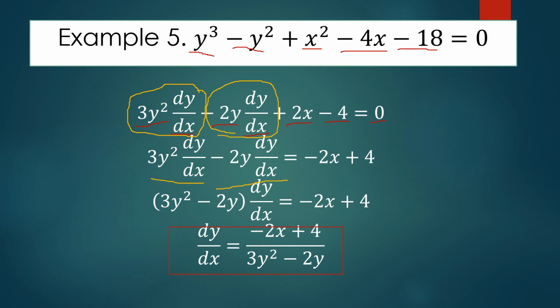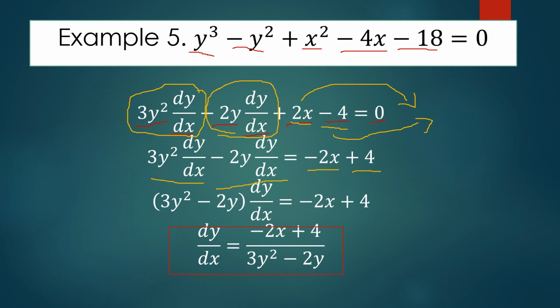So sa right side, ang ilalagay naman natin yung mga term na walang dy over dx. So tignan natin yung mga natira. We have 2x. So si 2x ilipat natin sa kabila or in the right side. So since positive, mag-change tayo ng sign, magiging negative 2x. And also negative 4, ilipat natin sa kabilang side. Since negative, magiging positive 4.